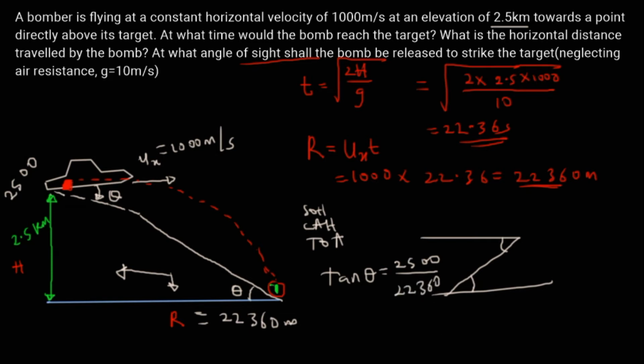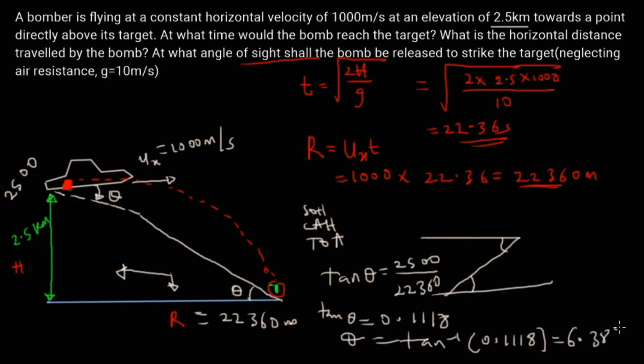So if we divide, that's equal to 0.1118. So theta will become the arctan of 0.1118. The arctan of 0.1118 is 6.38 degrees. All right, so the angle of sight is 6.38 degrees.